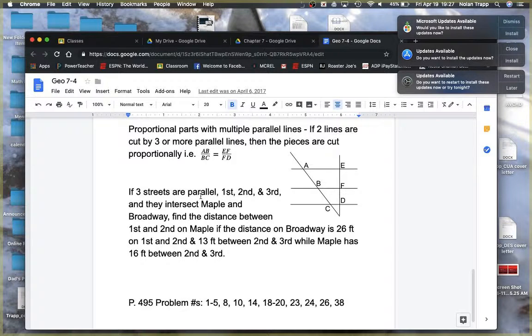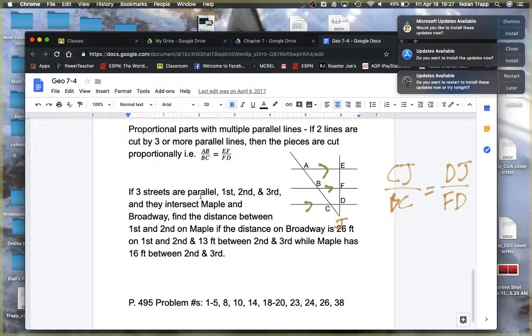The parallel lines thing still applies if we have multiple lines parallel. So, like in this example, AB would still be congruent to BC, and EF to FD, and also technically we could have, if I call this point down here J, because I know I don't have J, CJ over BC, and that would have to be equal to DJ over FD.